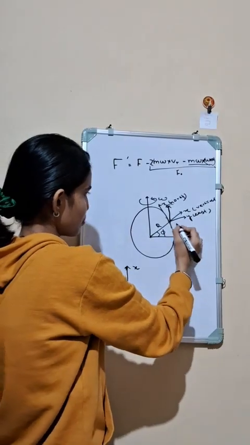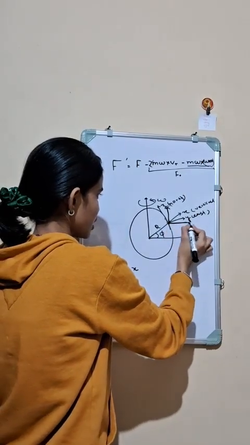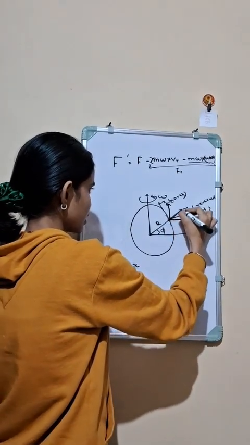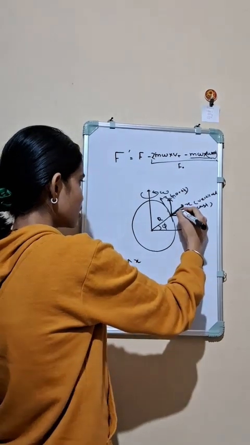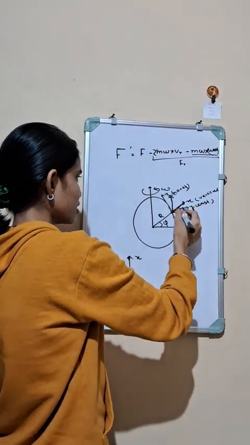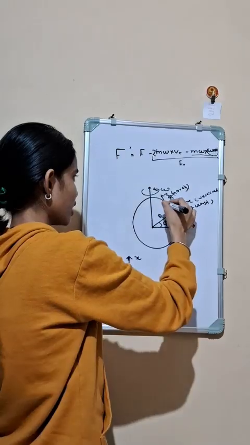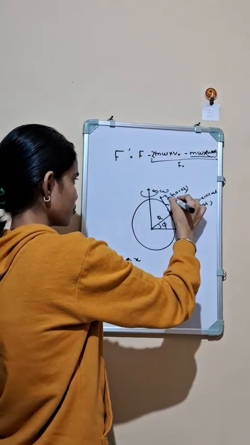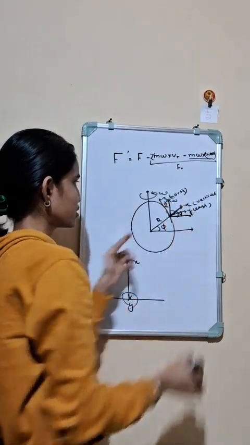Let us make a parallel axis with the equator. Then you can see that this is the angle phi, and so this is 90 minus phi, and this omega makes an angle phi with the z axis.